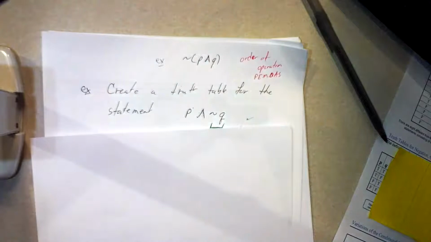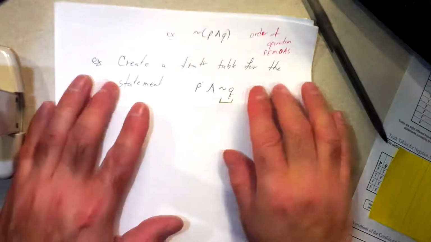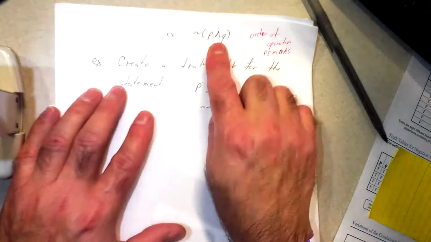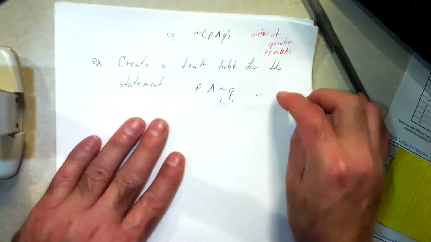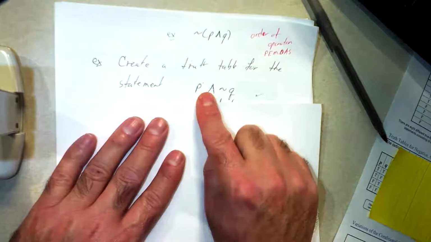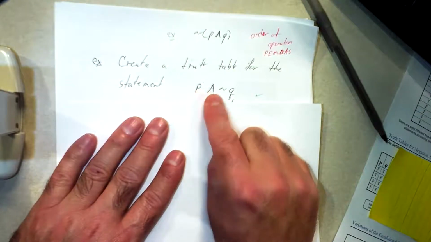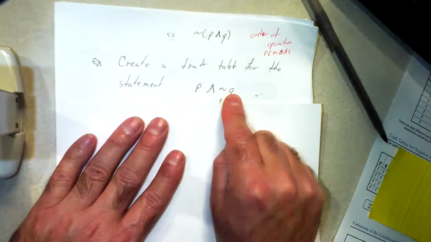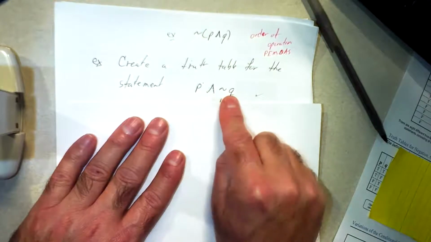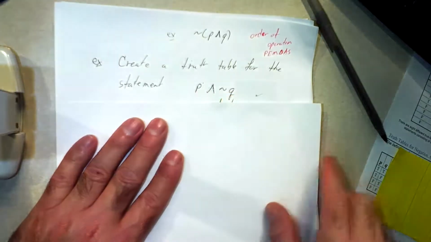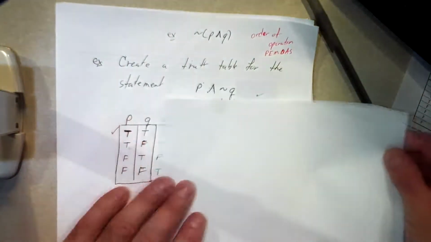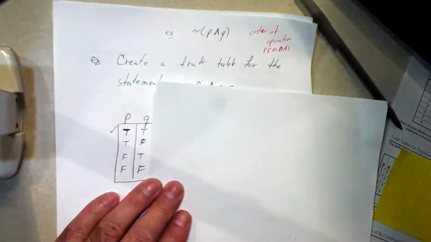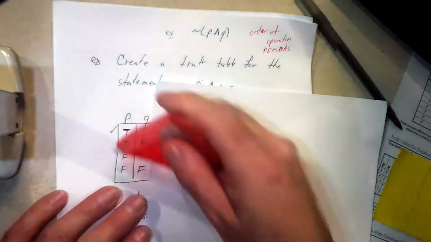All right, so let's do one for real. Let's create a truth table. I don't want to do that one yet. That's a little bit too advanced, but we'll do an easier one. Let's create a truth table for P and not Q. So we're going to start with our set of values.